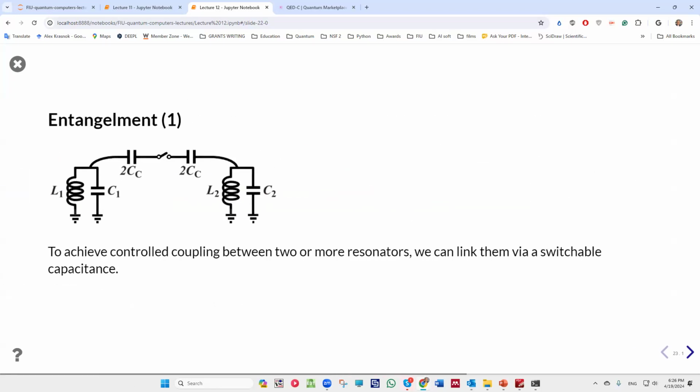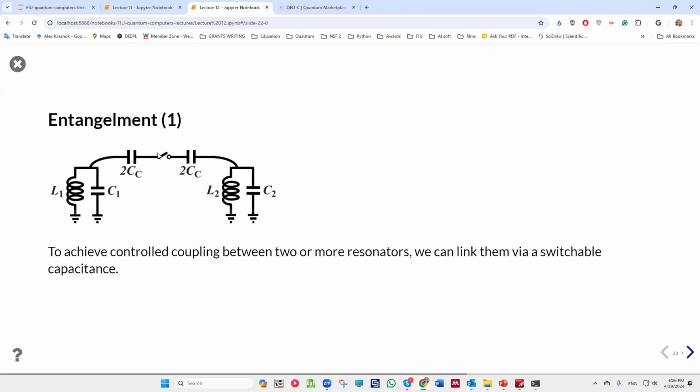Okay, we discussed the single qubit, how we initiate, how we read out, and what parameters describe a single qubit. How we create entanglement, how we create two qubit operations. In order to create two qubit operations, we need coupling. We need to be able to couple one resonator, one qubit to another qubit. In microwaves, as well as electronics or radio waves, we have this approach of coupling through a coupling capacitor.